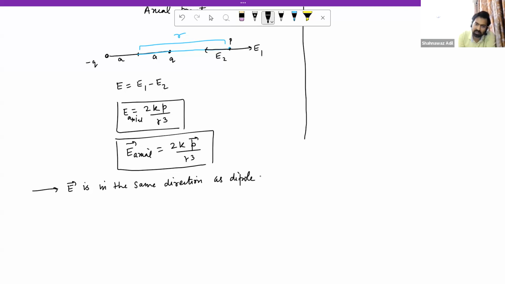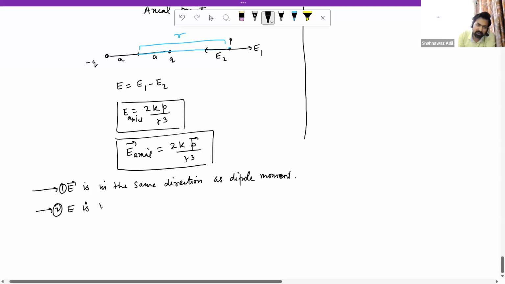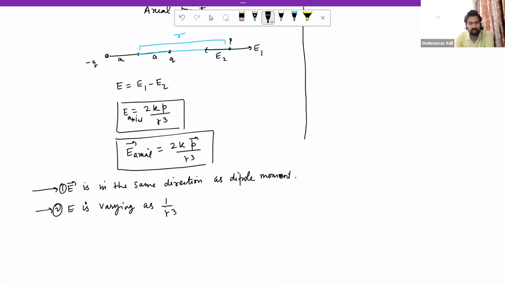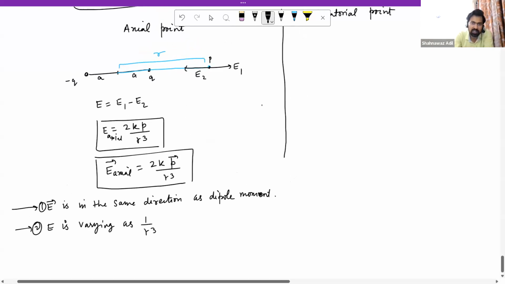Both have the same direction. This is the first point. The second point is that the electric field varies as 1 over R cube. K is constant, P is constant, so this is varying as 1 over R cube. These are the two points.